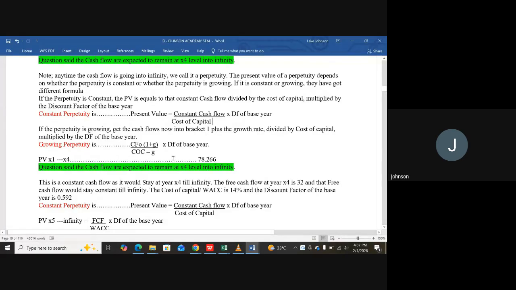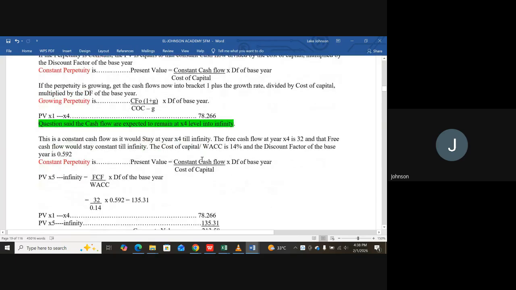It's as easy as that. So take the constant perpetuity, add the growth rate to the cash flows at the top, less the growth rate from the cost of capital at the bottom, and every other thing is the same. That's how we get our perpetuity, both the constant and the growing.